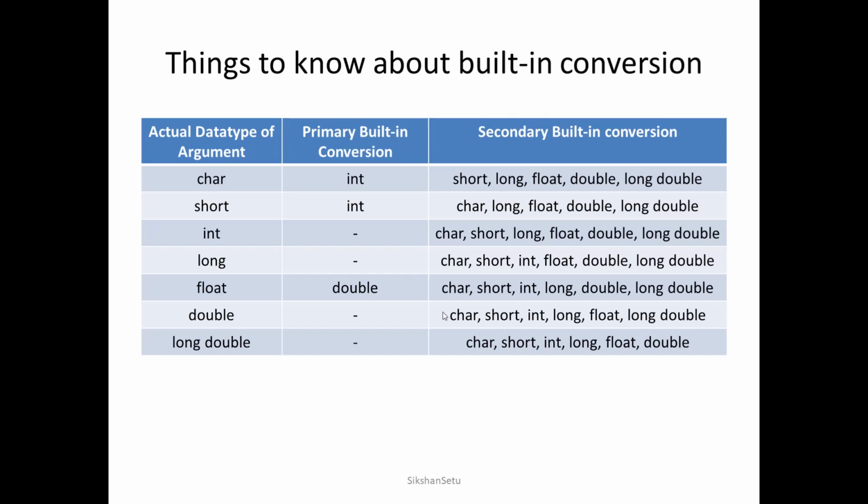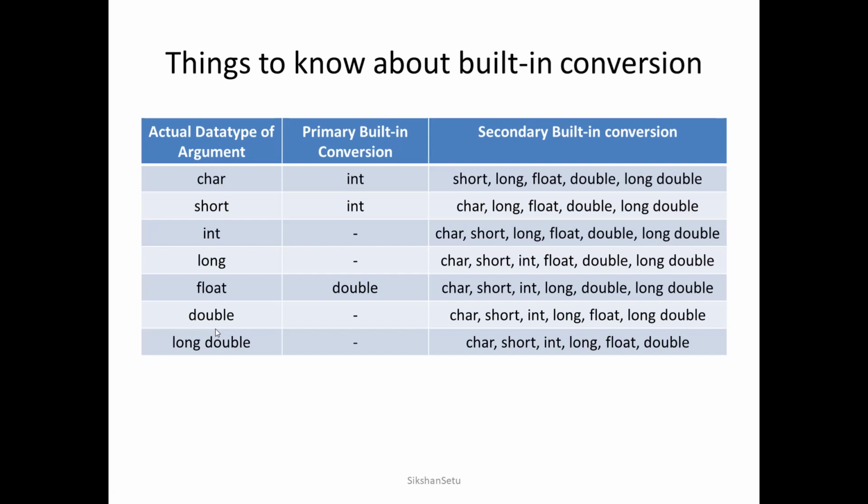Likewise for all the data types I have mentioned: if integer, then the exact match is for integer, and it will not be converting to any particular type primarily, it requires integer only. It will directly move to the secondary type, where any one out of this can do, but it should be unique. And likewise for all the data types I have mentioned, you can try with some examples, then only you will be able to understand this concept.